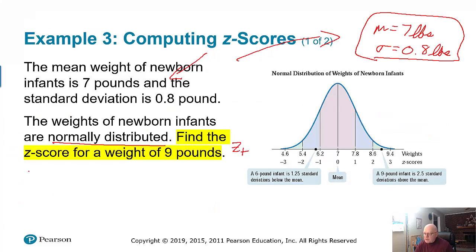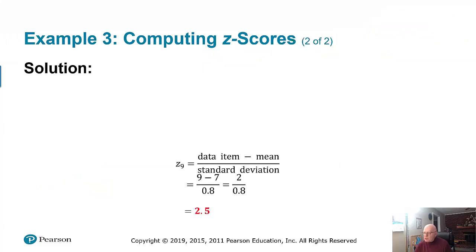So, if I want the z-score, I take the data item, that's 9 pounds, subtract the mean. Where's the mean? Well, I've got it in the box. 9 minus 7. And on the bottom, standard deviation, where is it? It's right here in the box. 0.8. And a little bit of calculation, very little, and you've got your z-score. There's the 9, the 7, and the 0.8.